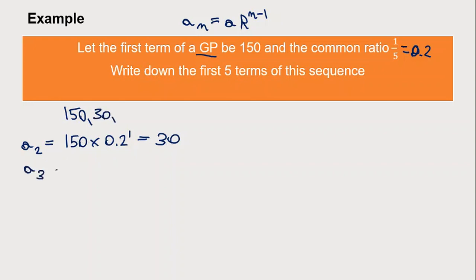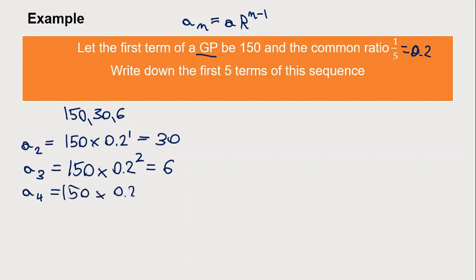Then I test a3. Again, I use the value of a, 150, and I multiply it with 0.2 to the power of, this time, 3 minus 1, which is 2. And that is 6. Let's do a4. So 150 multiplied with 0.2 to the power of 4 minus 1, which is 3. That's 0.008 at the moment.